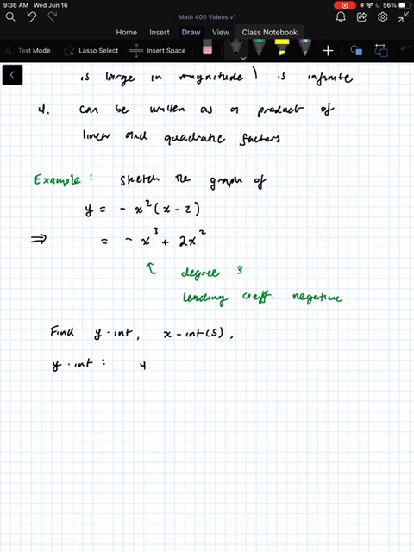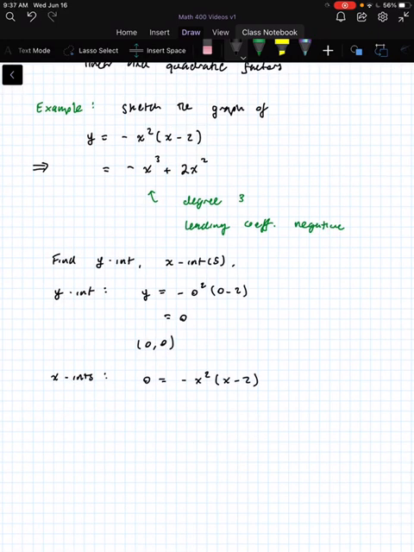That means plug in 0 and find what the y value must be. So y equals negative 0 squared times 0 minus 2, which is 0. So the y-intercept actually happens to be also an x-intercept. It passes through the origin, (0, 0).